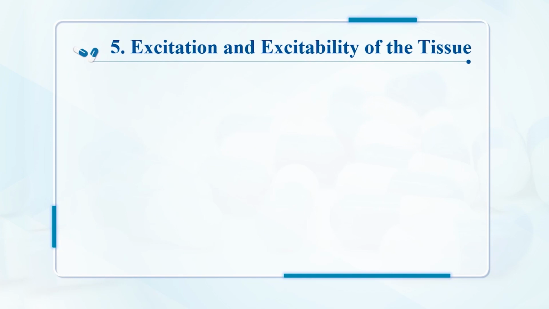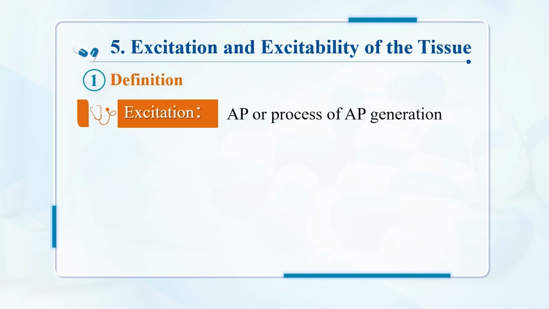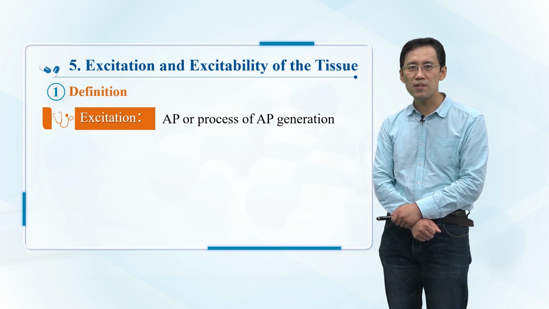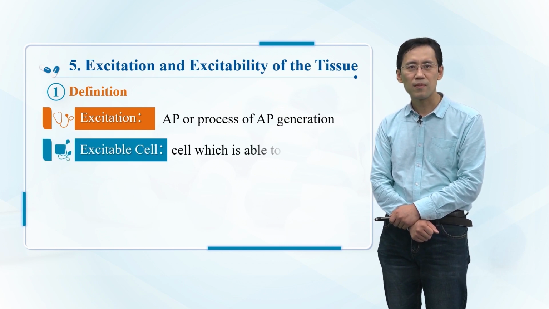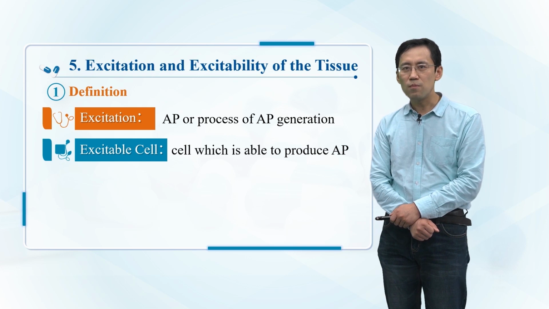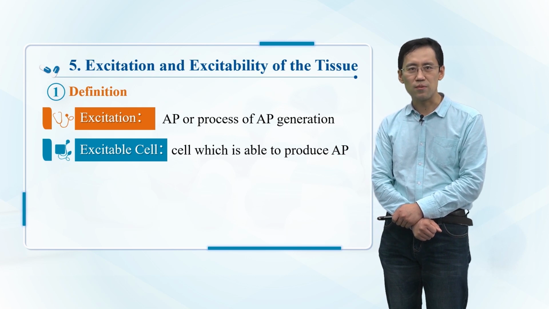The excitation and excitability of the tissues. The definition of excitation is the property of action potential, or the process of action potential generation. Excitable cells are the cells which are able to produce action potential.